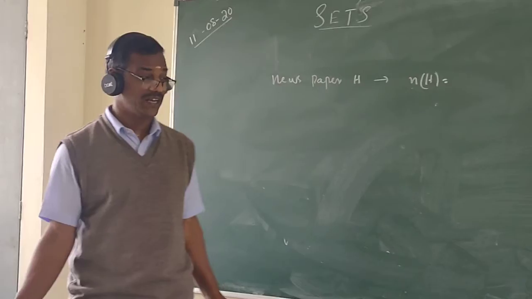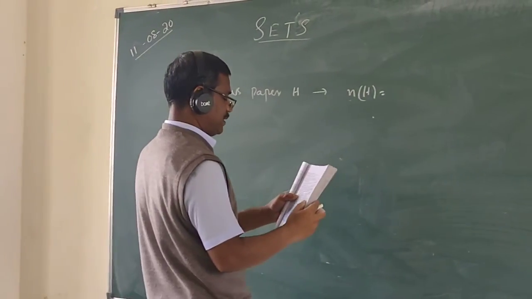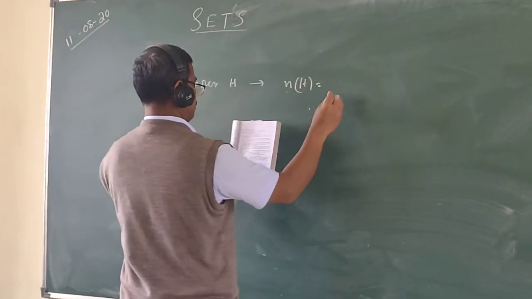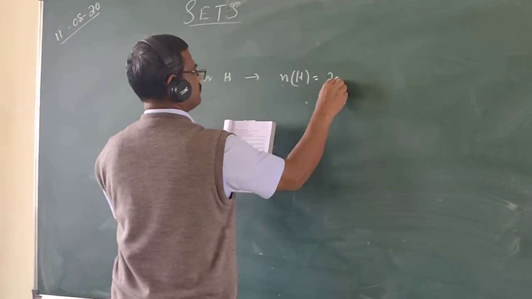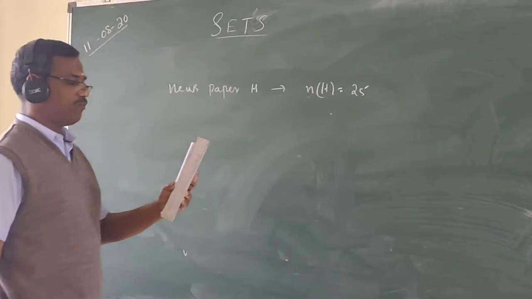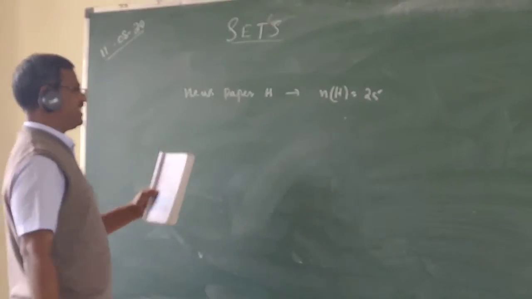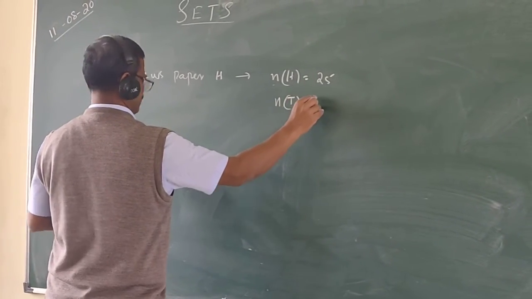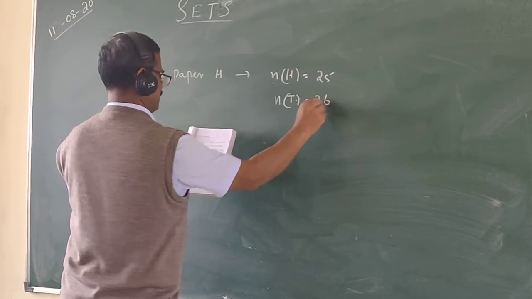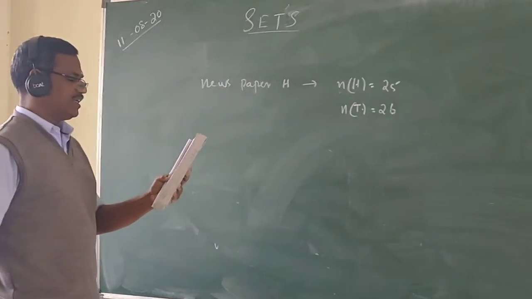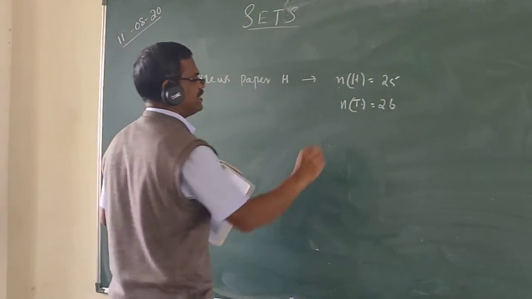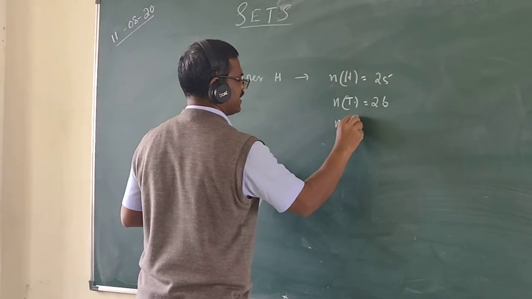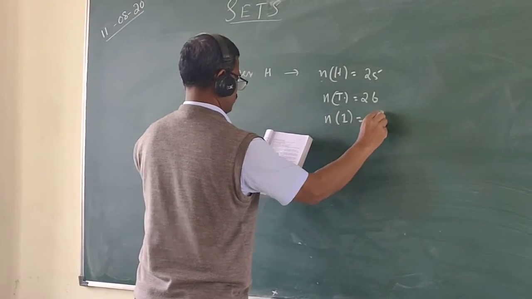The H paper you can call Hindu. So the number of people who read H is 25, the number who read T is 26, and the number who read I, Indian Express, is 26.